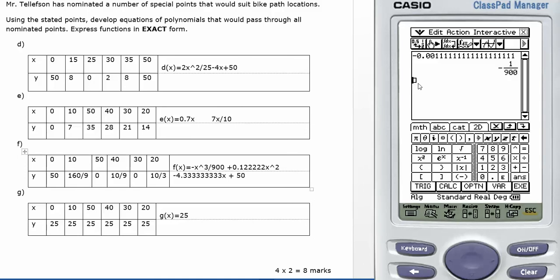So if I look at the same with the next one, if I go 0.122, that's not enough. It just puts that as 122 on 1000, which is 61 on 500. So I fill the screen with the repeating decimal, and that tells me that's exactly 11 on 90. So that's actually, oh sorry, no, it's 11 on 90 here, isn't it?